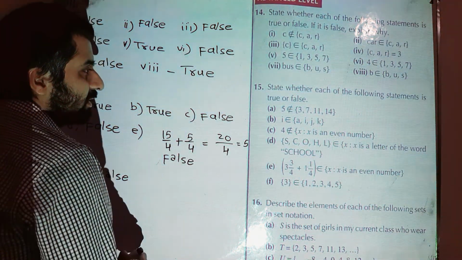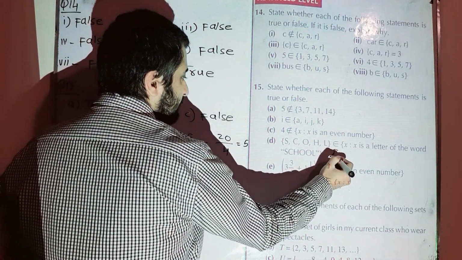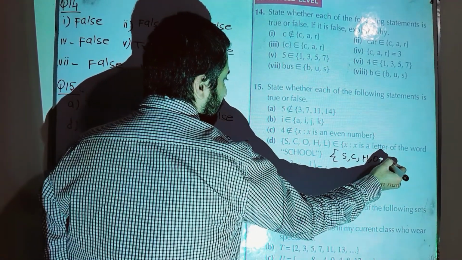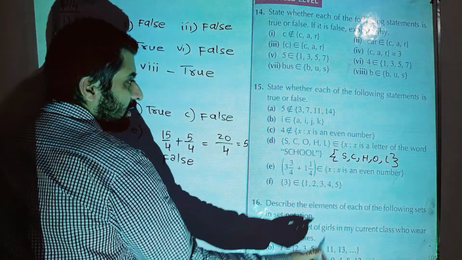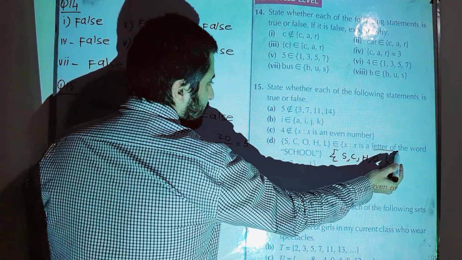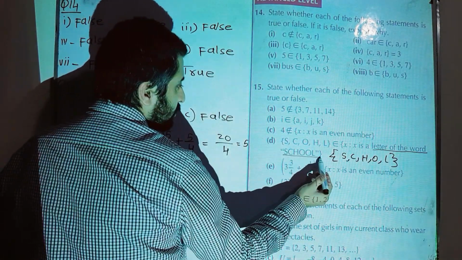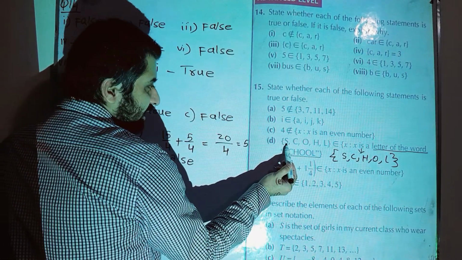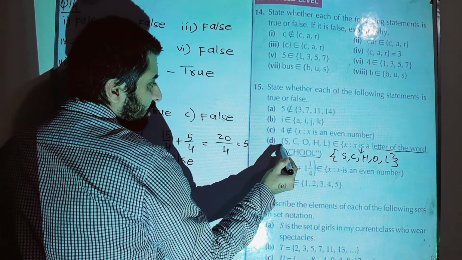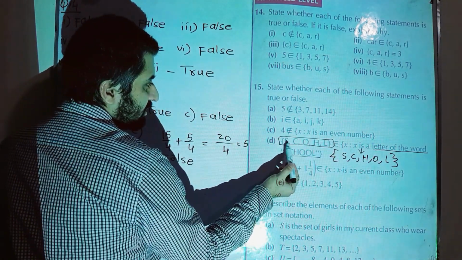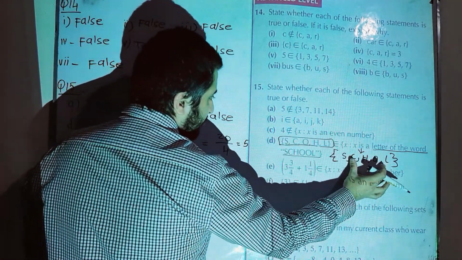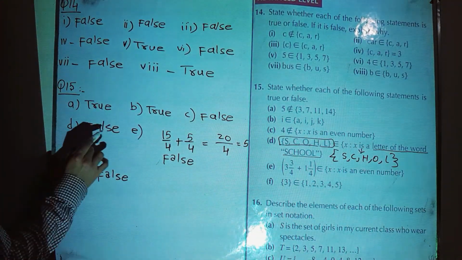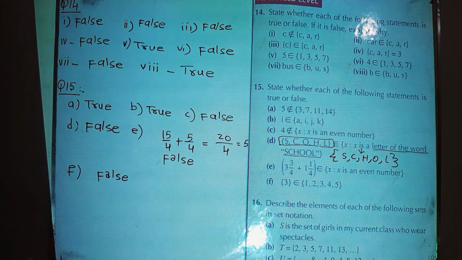Basically, if you are going to write this set, it will be like this: S, C, H, O, L, sort of this. X is a letter of the word school. So this set is basically this one. So S can be part of this set, while because this is written in set notation, this is a set. This set is not present in this set. So part number D is false.